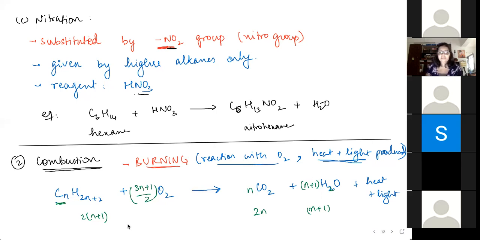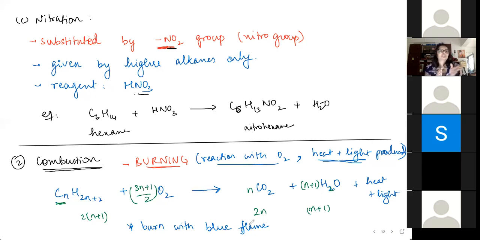So alkanes, again, special note, they burn with blue flame. Which is why alkanes are a major component in any sort of fuel that you use. Petrol, diesel, maybe you have unsaturated hydrocarbons also. It's a mixture of things, but mainly you tend to use alkanes.